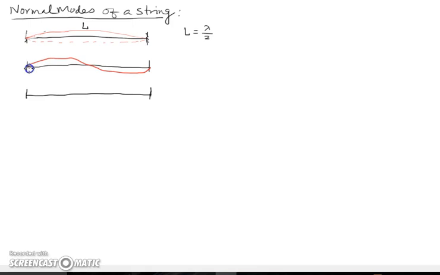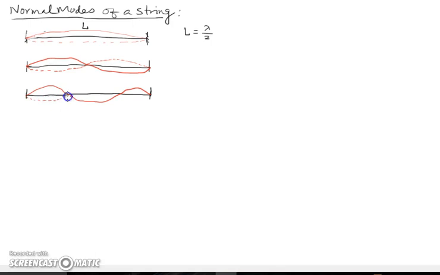So we'll create a standing wave like this, or it can oscillate like this.